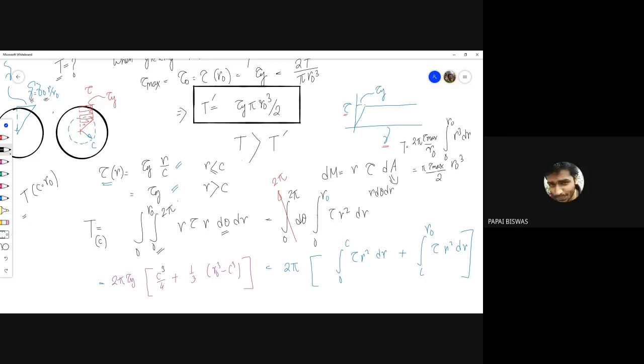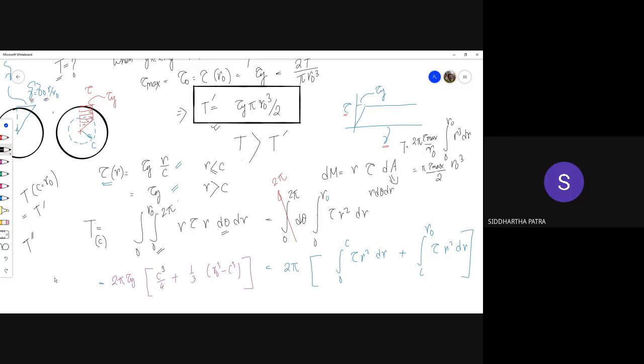Pi into tau y into r cube by 2. Is it T prime? Yes, sir. Okay, which shows that your derivation is consistent.